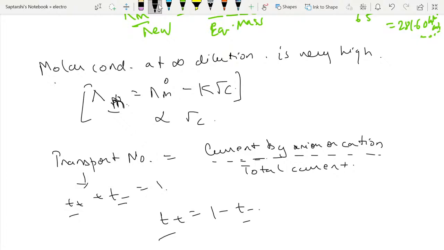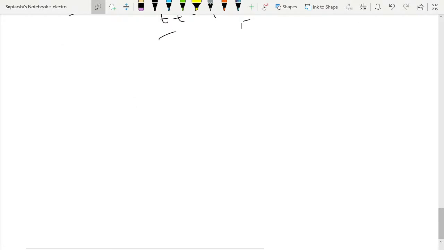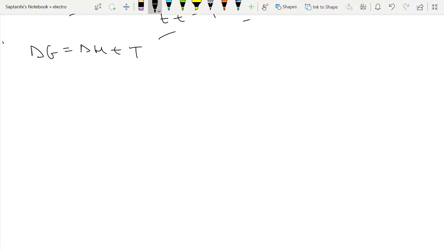Okay then. Now let us look into some problems. And okay, let me just give you some more advanced concepts, as in Gibbs free energy, right? So we all know that Gibbs free energy del G is equal to del H plus T del S. This is called thermodynamics, and a mixture of thermodynamics and electrochemistry.